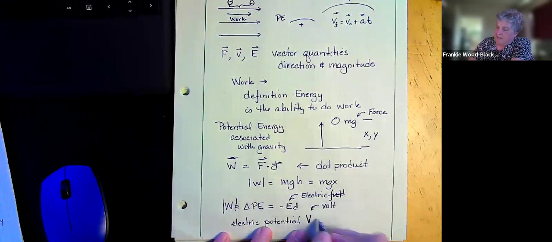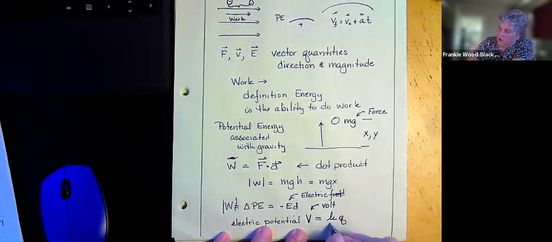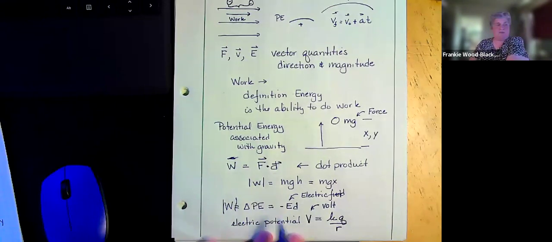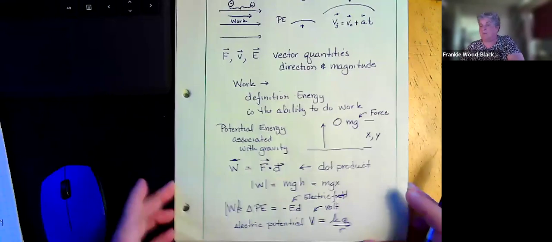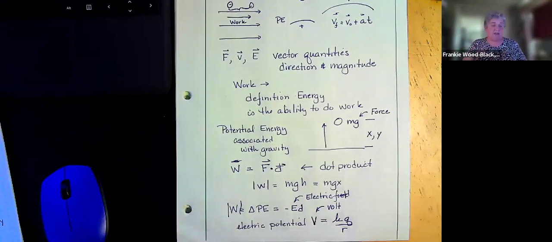And we can define that as our KQ over R. And that's coming back from my change in work in my field. So we get that, and basically we get our forces and we can come in and play. And so you can go back and you can look at how that all works.